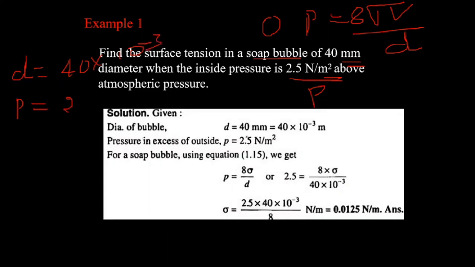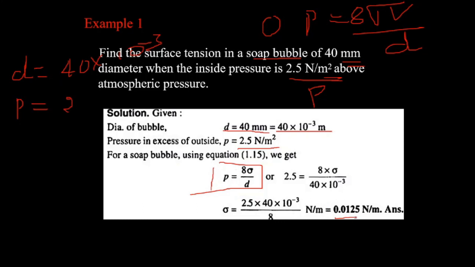See here, the diameter of the bubble is 40 mm, converted to meter. Next, the pressure in excess of outside, that is above atmospheric pressure, is 2.5. For a soap bubble, using the equation P is equal to 8 sigma by D, when you substitute and solve, we get sigma is equal to 2.5 into 40 into 10 power minus 3 divided by 8 Newton per meter.